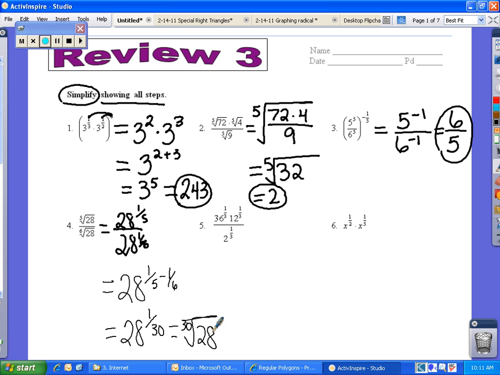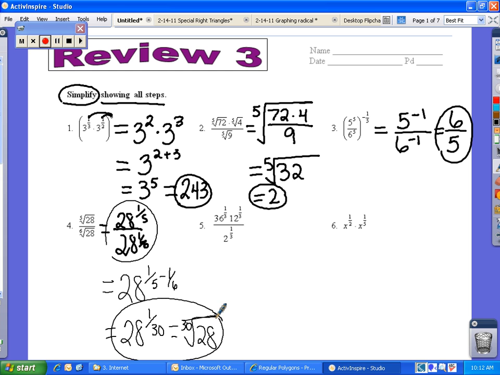So again, really, you can't really do anything with this until you put it into exponential form and subtract the exponents and then rewrite it using your radical symbol. You could also get a decimal notation, but really leaving it as either of those will be sufficient.